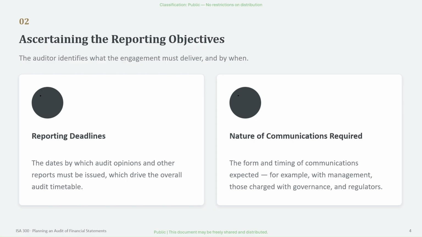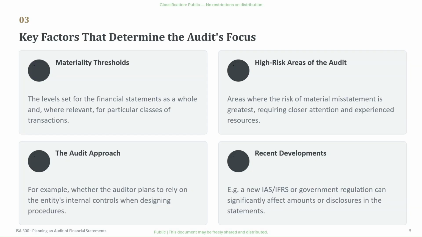scrambling near the deadline. Step three is considering the key factors that will determine the focus of the audit team's efforts. There are four of these worth calling out. First, materiality thresholds, the levels the auditor sets for the financial statements as a whole, and sometimes for particular classes of transactions or balances. Second, the high risk areas of the audit, the areas where the risk of material misstatement is greatest, which need closer attention and often more experienced staff.